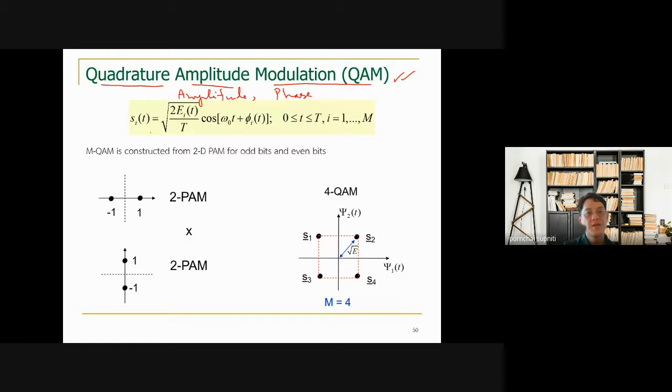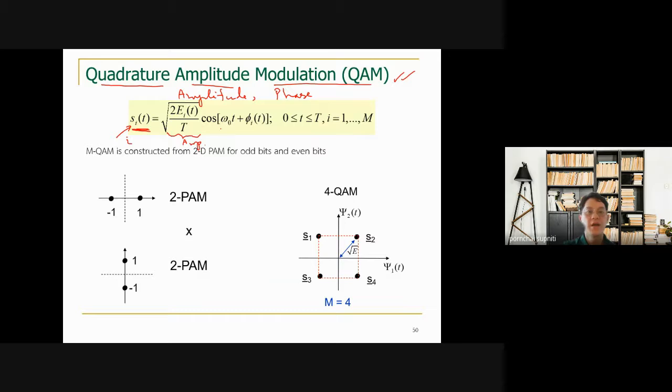Okay. So for typical pulses, the pattern is like this. You can write the equation like this. This is the same, but for each pulse i, you have a different energy level. In effect, this is a different amplitude, right?